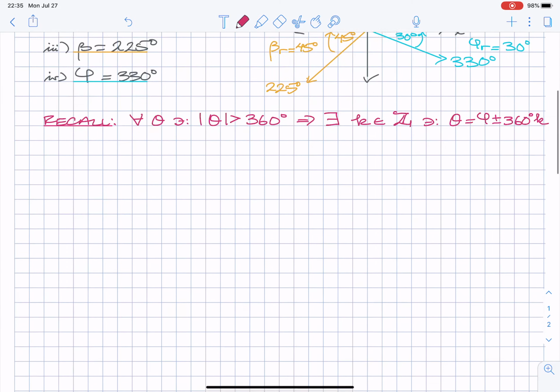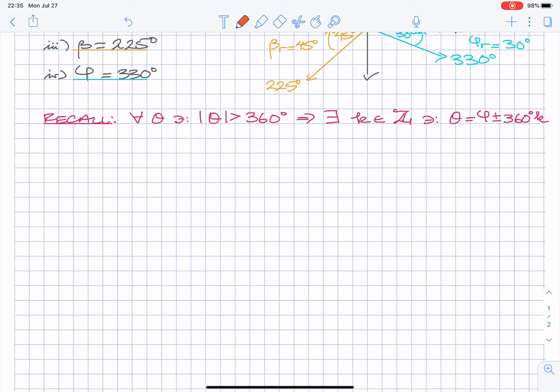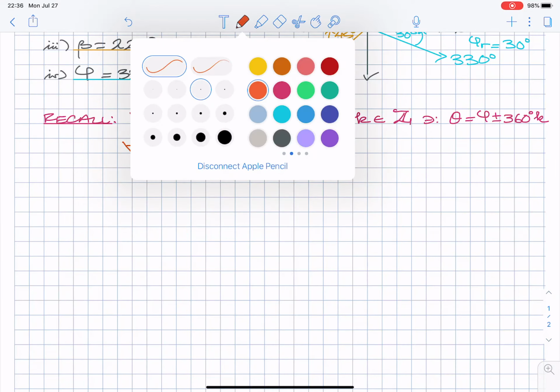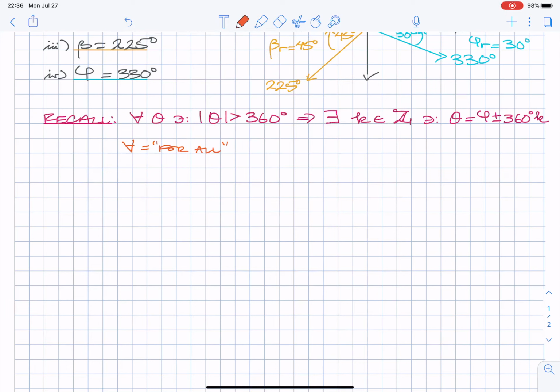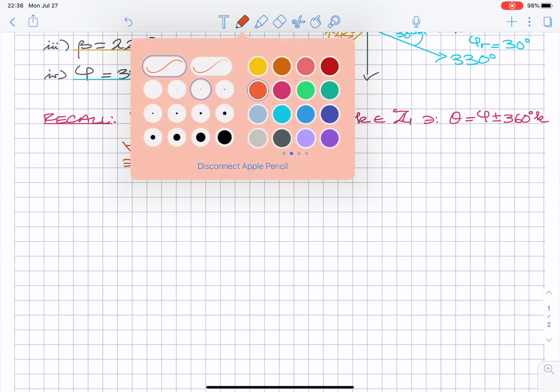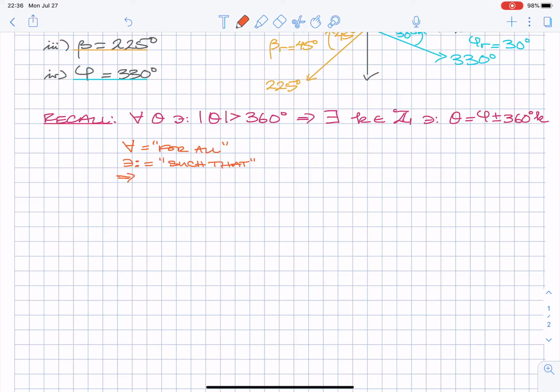Okay, so let's translate a bit of this. So we know that the upside down A means for all. The backwards C with a line through it and a colon means such that. So for all theta such that the absolute value of theta is greater than 360 degrees. Okay, so the double right arrow, this implies.